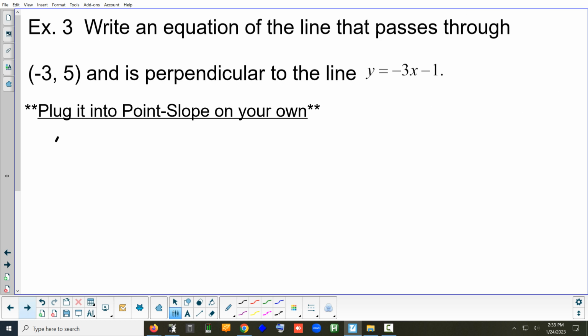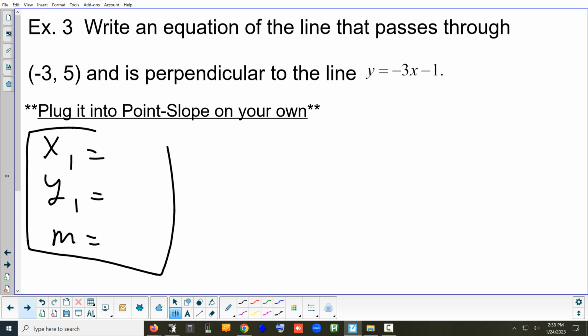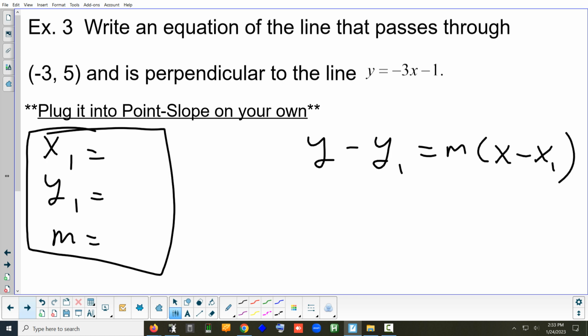Okay, let's make our chart. X1, Y1, and M. Write down your formula. And you don't have to memorize it. You can put it on a reference sheet so you have it. And let's go through it. Anyone think they know what X1 is?